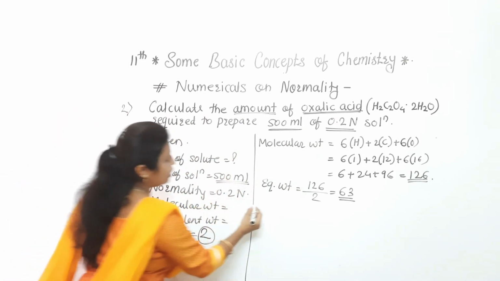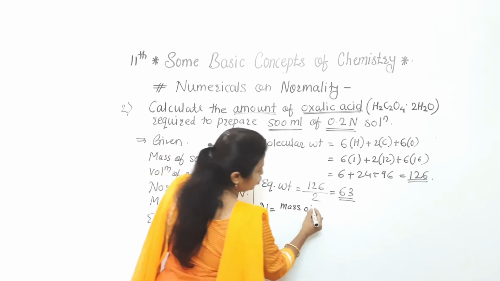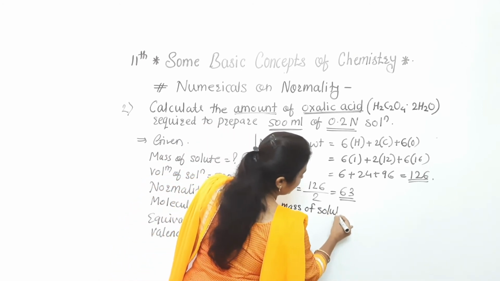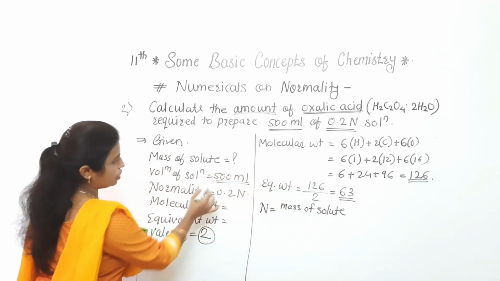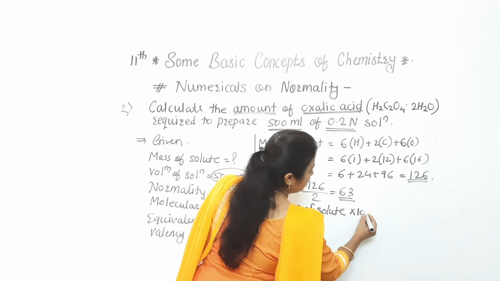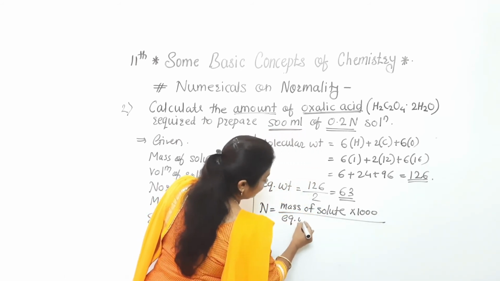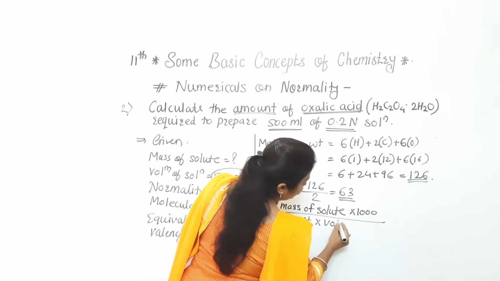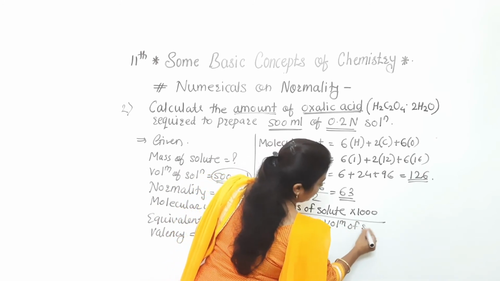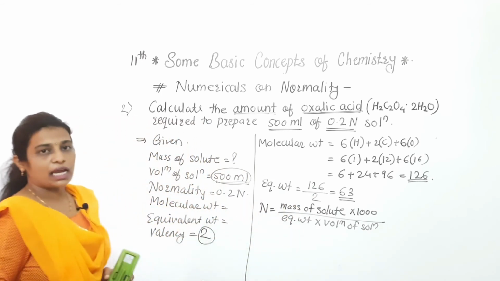What is the formula? Normality is equal to mass of solute. Now see, volume is given in ml, so multiply by 1000, divided by equivalent weight into volume of solution. Clear to you? So if we just put the values, then we can calculate it easily.